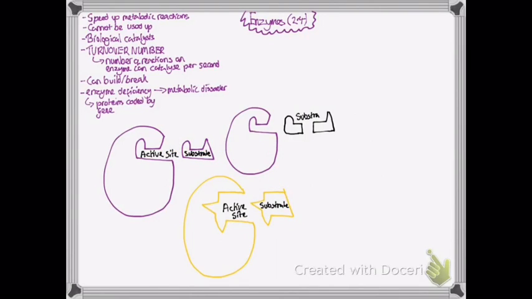When the substrate is within our active site, we call it the enzyme substrate complex, and when the product is within the enzyme, we call it an enzyme product complex. When the product's released, we just call that our product. I'll point that out later. The tertiary structure of the active site gives it the complementary shape.